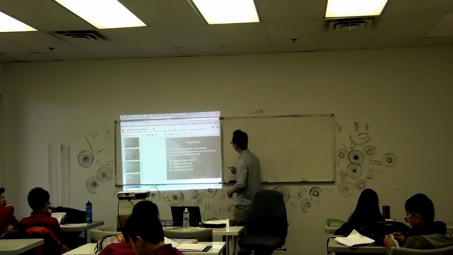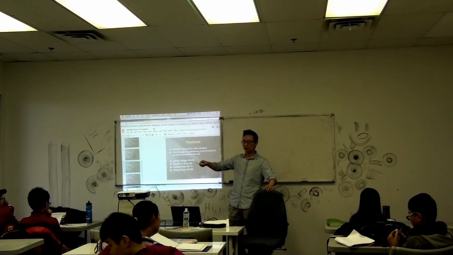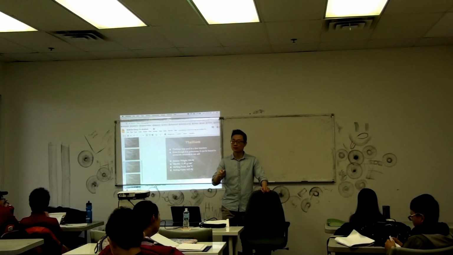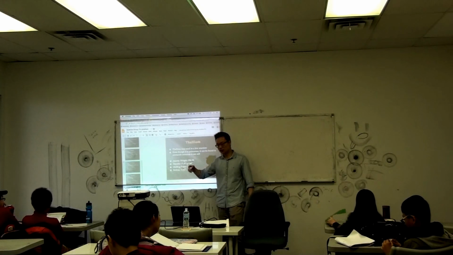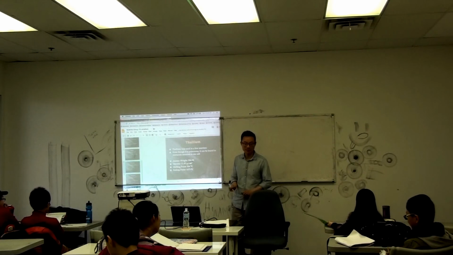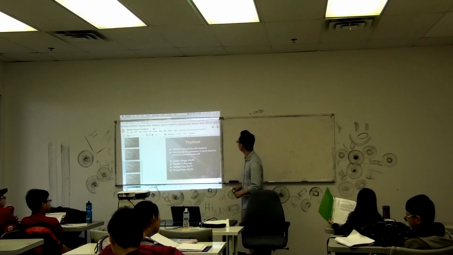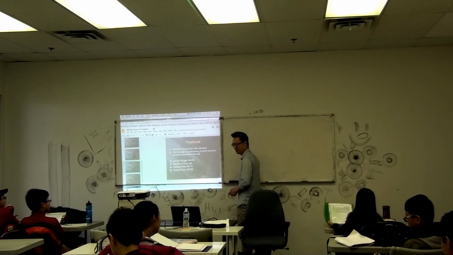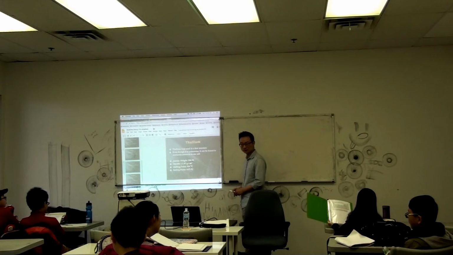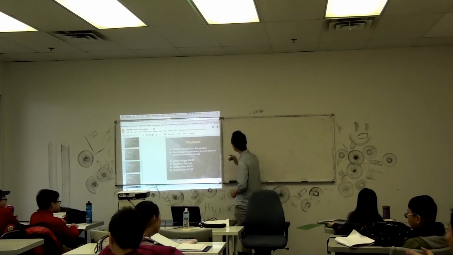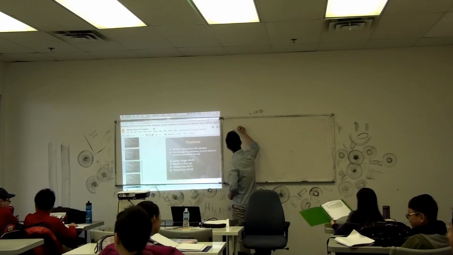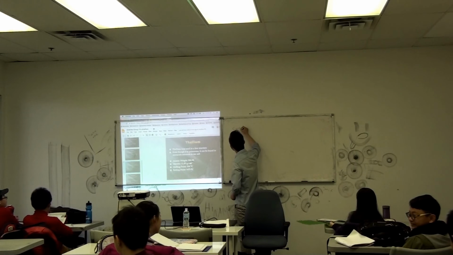Looking down your periodic table, what's the number of neutrons for carbon? 6. How'd you get 8? 12 minus 6.